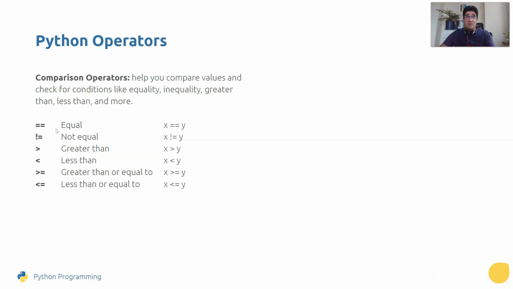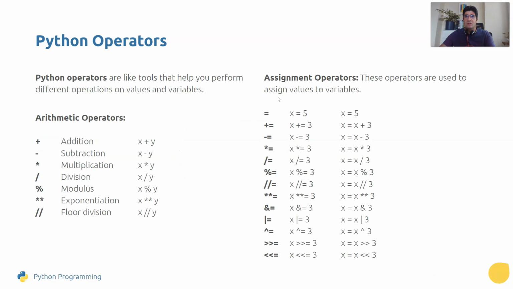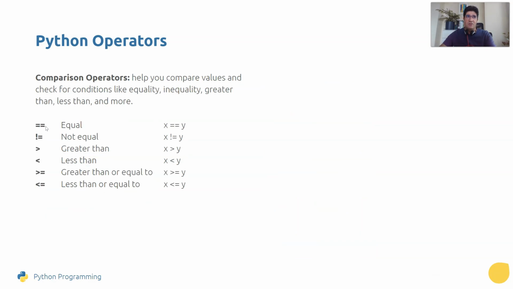There is a difference between this comparison operator and the one in assignment. If you have just a single equal, it will assign the right hand side value to the left hand side variable. But if you have a double equal, it will compare the left hand side value with the right hand side value, and it will return a boolean.